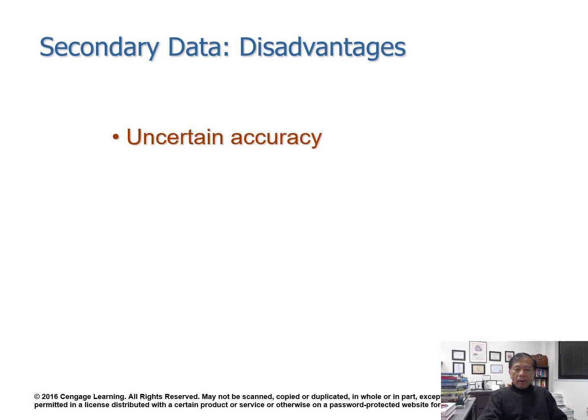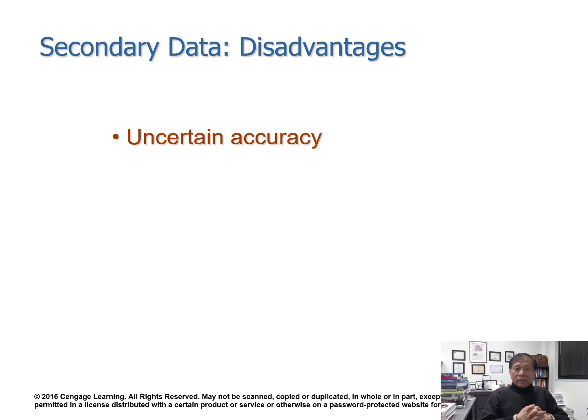But there are disadvantages of secondary data. The first one is uncertain accuracy. You didn't collect it. When you collect data yourself, you know how accurate it is. But if somebody else collected it, you're not sure about the accuracy.